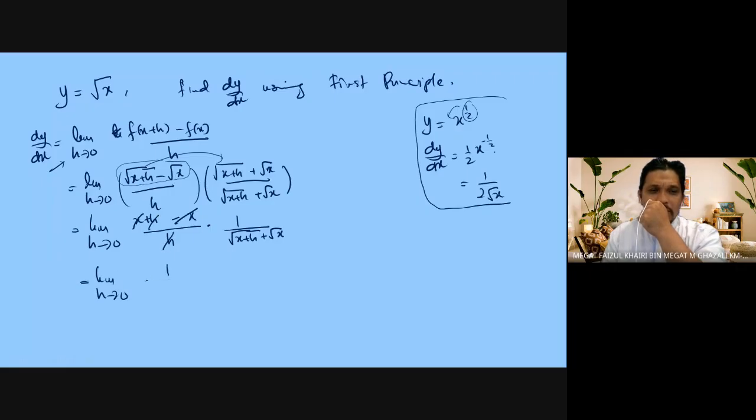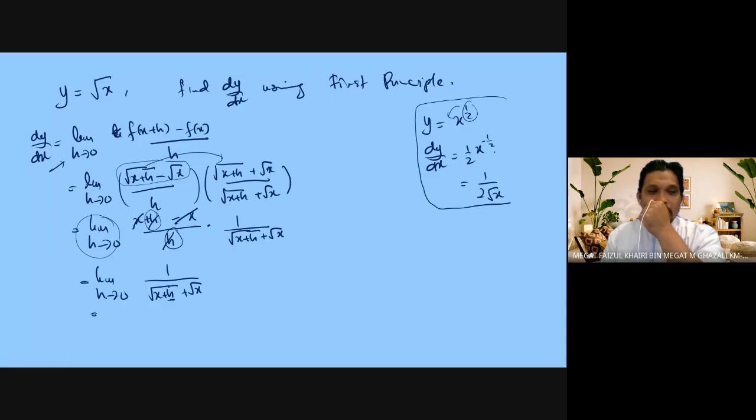So we get 1 over square root of (x plus h) plus square root of x. For this h and this h, it has got nothing to do with the order or instruction, because we just divide the h by itself first, but then we still have another h waiting here.